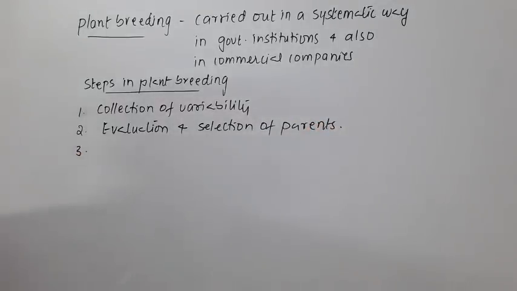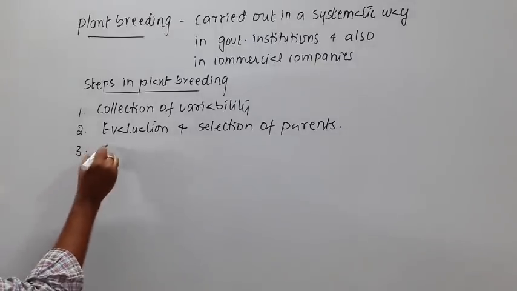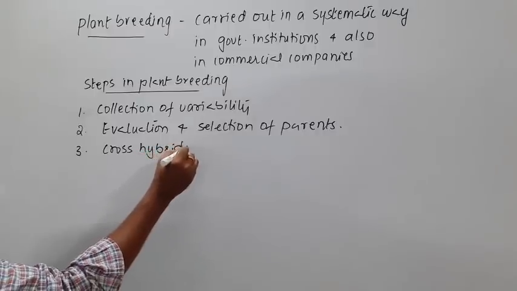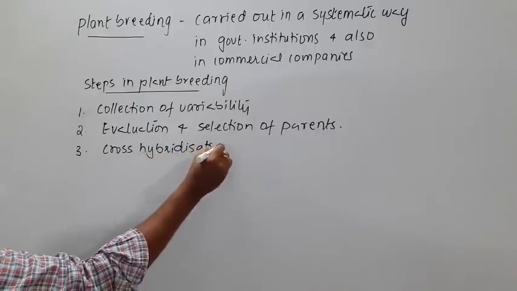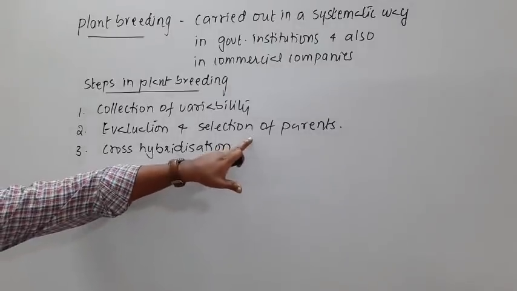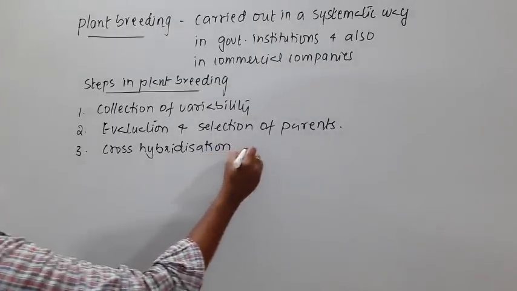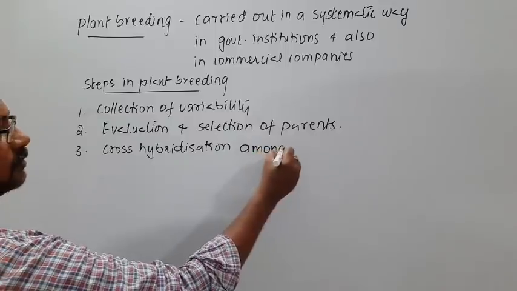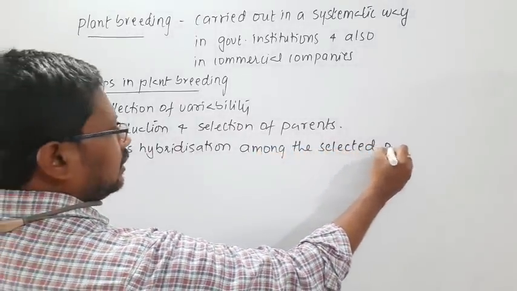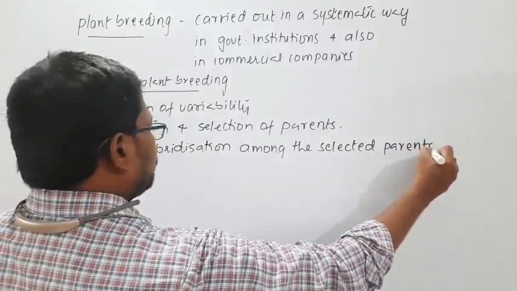Then it will be followed by the third step, and this is cross hybridization among the selected parents.